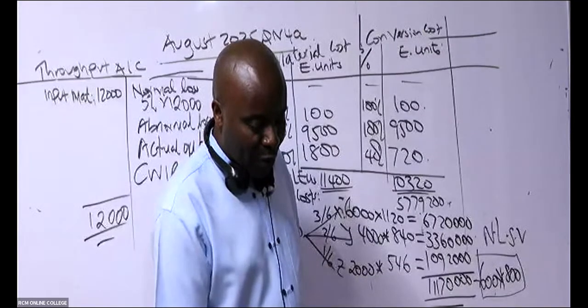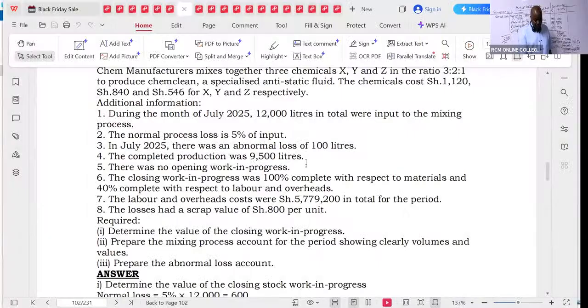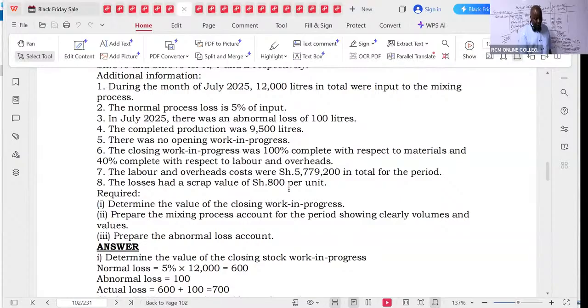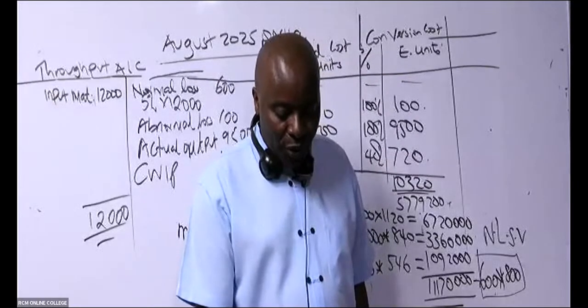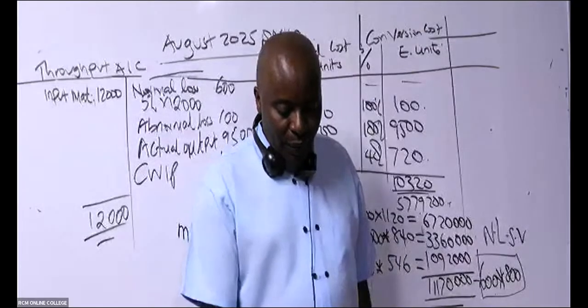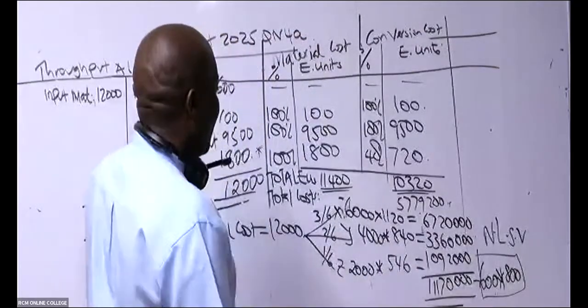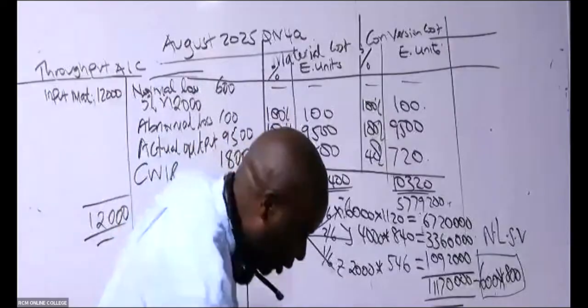And I'll be able to share my screen here. You can see that normal loss, we sold them at 800 per unit. So then what figure shall I be able to post here as the net material cost? 10,692. Now they are not talking to me.